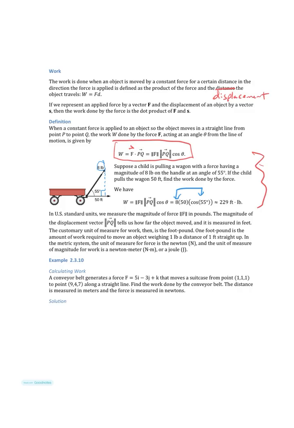So essentially you're finding the component of the horizontal force, and then that would be times the horizontal displacement, giving you the 229 foot-pounds.